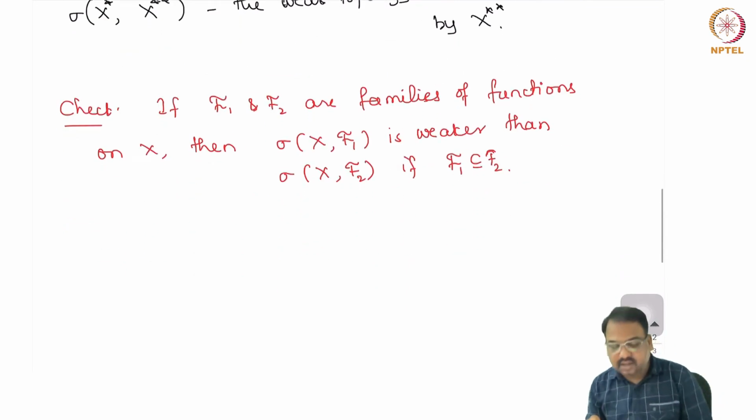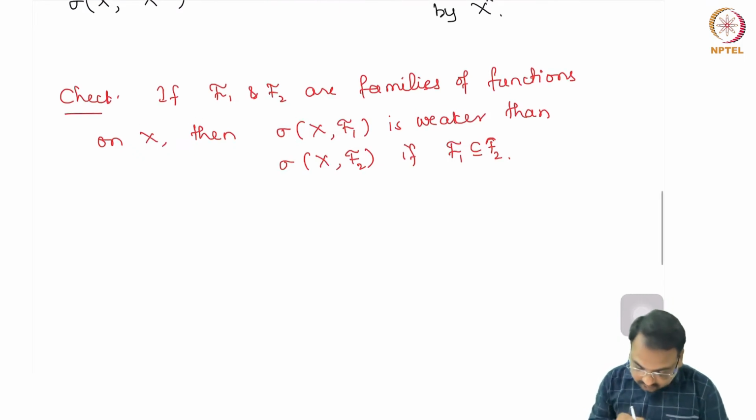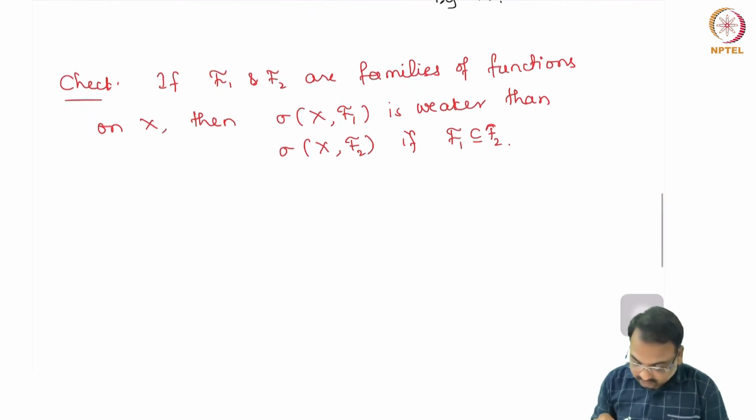The topology generated on X by F1 is weaker than the topology generated by F2 on X. Now with the same observation, we can actually look at a weaker topology on X star.